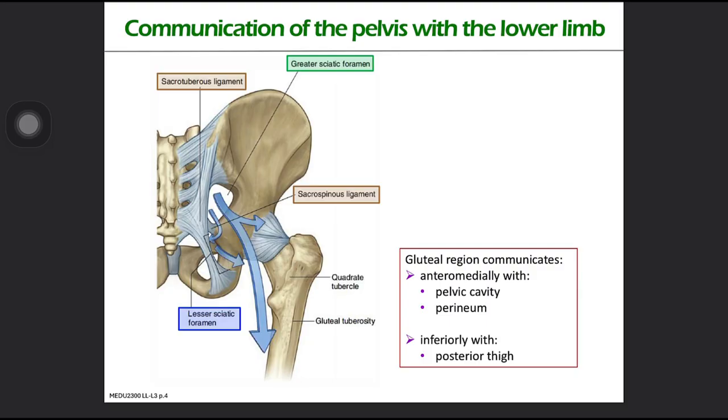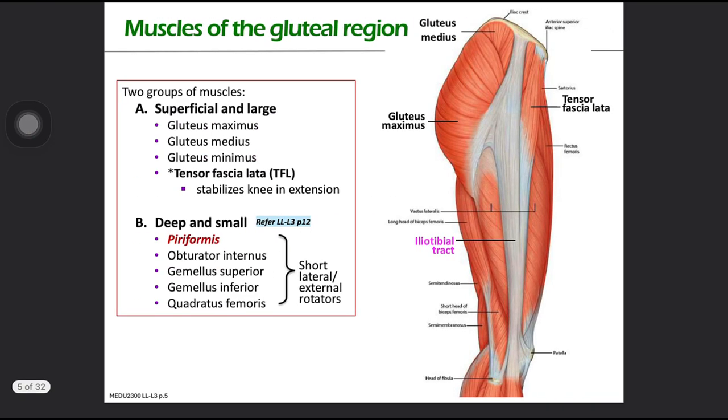Through these arrangements, the gluteal regions can communicate with the pelvic regions, as well as the perineum, as well as the posterior thigh inferiorly, like these arrows here. Then we will talk about the muscles.